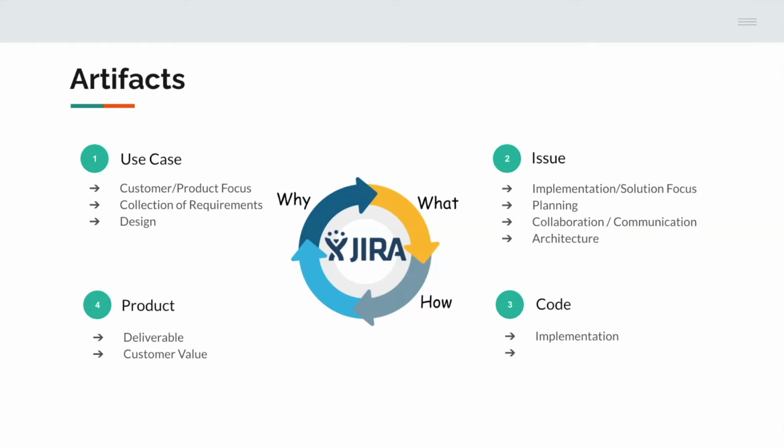And in the second phase, you wrap up all the use cases and break them down to issues, or tickets, that describe what you want to offer to the customer in a more detailed, implementation-focused way. There you're mostly focusing on architecture and collaboration, so that you know who to involve and how.